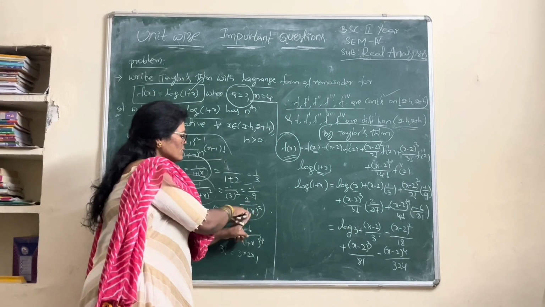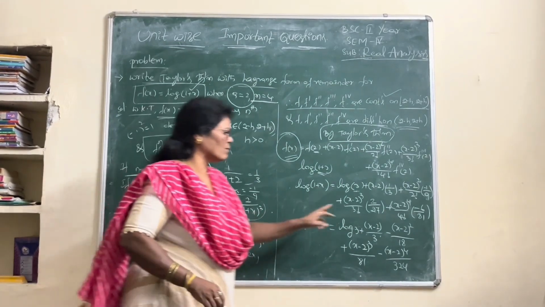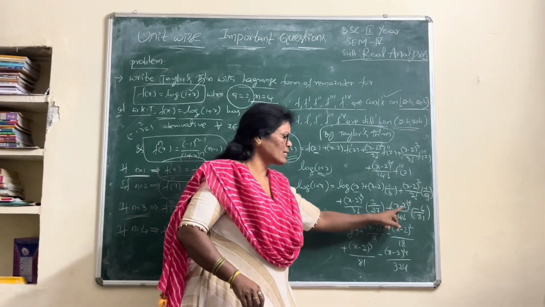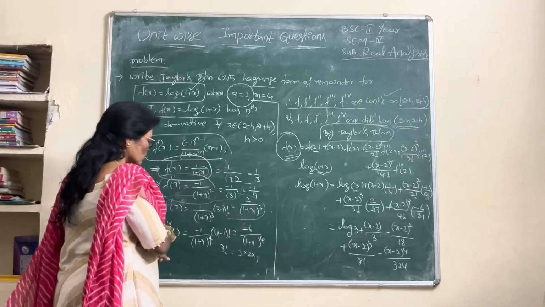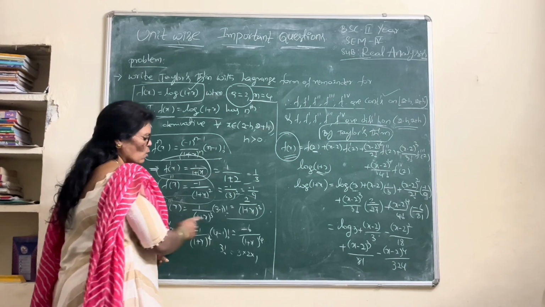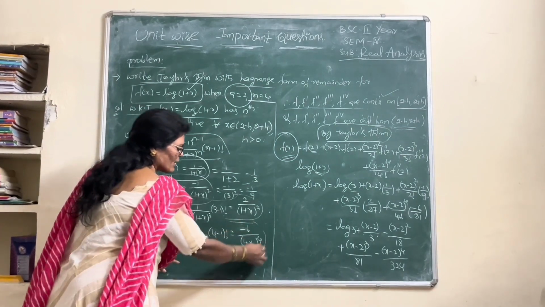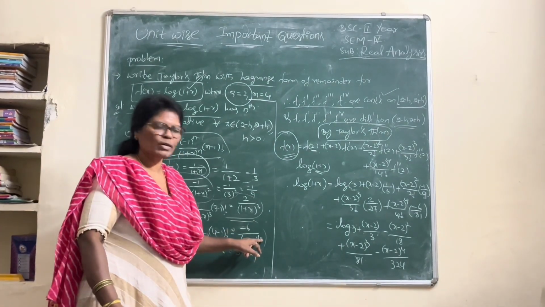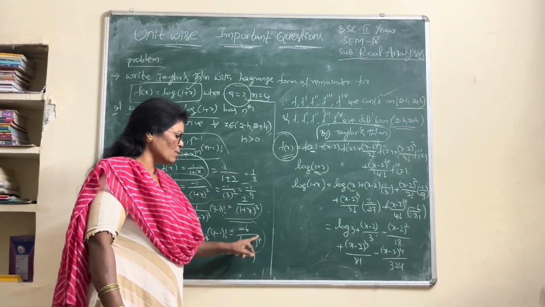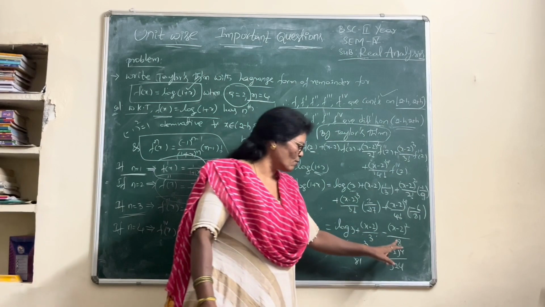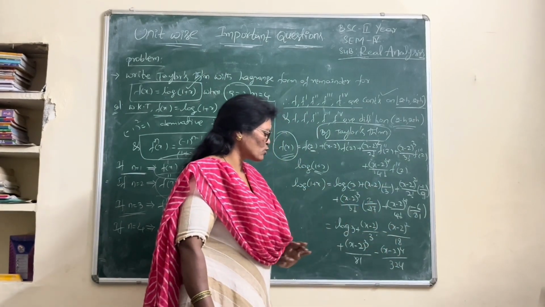So 1 plus 2 is 3, 3 cube means 27. 2 by 27 plus (x minus 2) whole power 4 by 4 factorial into f power 4, the fourth derivative, minus 6 by (1 plus x) whole power 4. Okay, x plus 2 we substitute, 1 plus 2 is 3, 3 power 4 means 81. Okay, this expansion we should get.